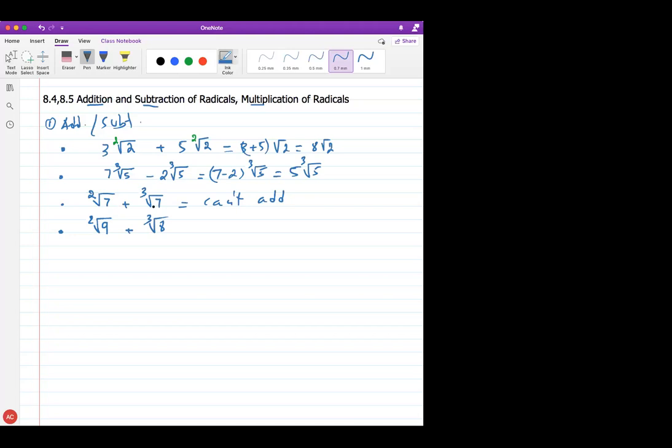That's right, the index is different. Also, the radicand is different. So we can't add right away. But can we do something else before adding? Simplify. That's right. So we're going to simplify this. We know that the square root of 9 is 3, 3 plus the cube root of 8, which is 2. And now we can add these two.